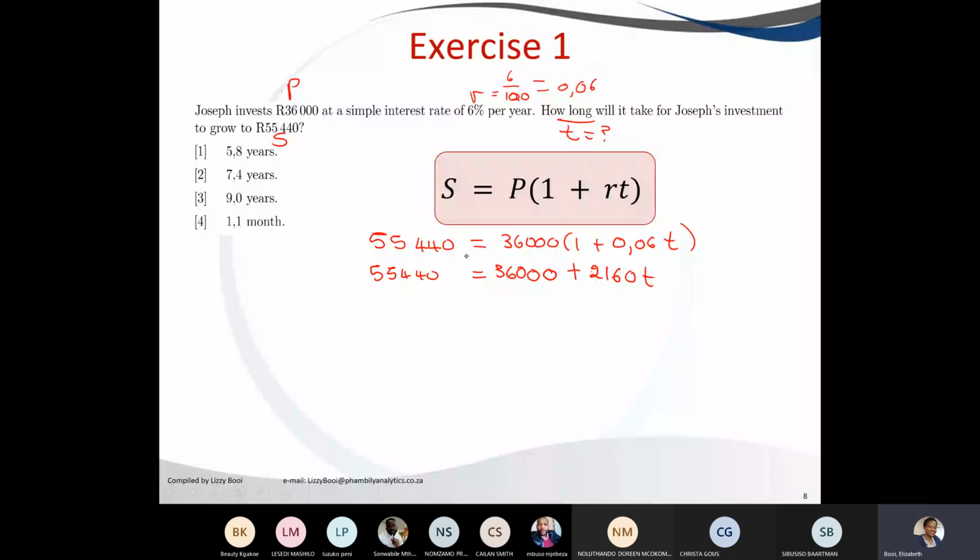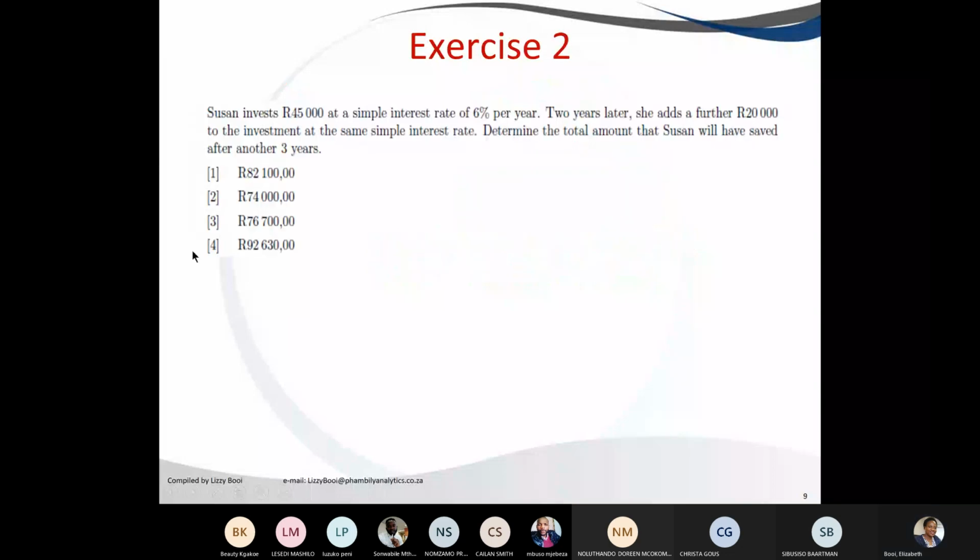So now we take 36,000 to the other side.